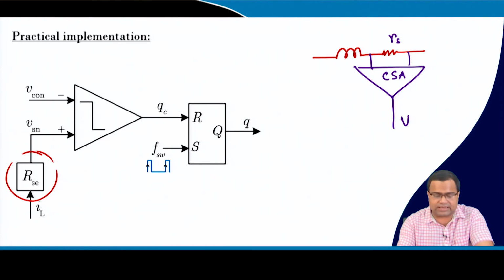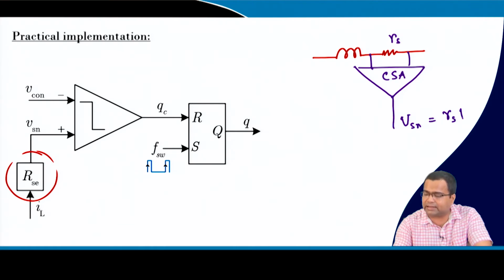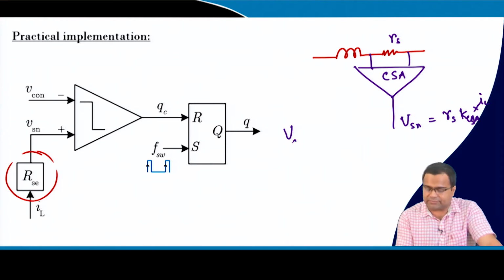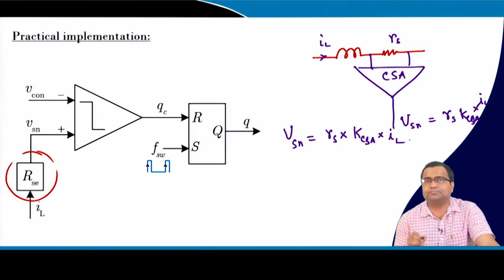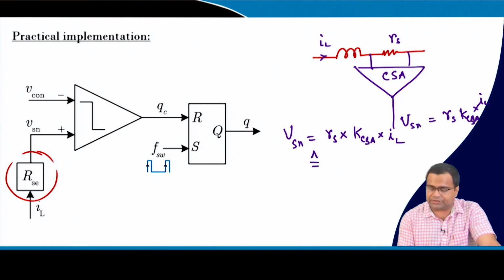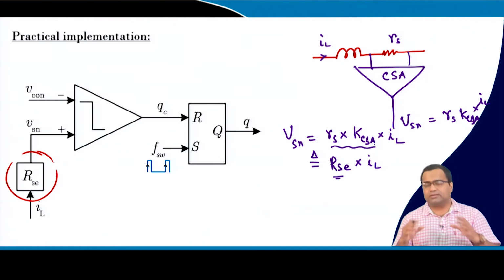So what is your sensing? The VSN, the sense voltage, is nothing but RS, the gain of the current sense amplifier, into your IL, right. Sorry, it is RS because your IL is flowing through it, into the gain of the current sense amplifier into your IL, and this we have represented as equivalent current sense resistance into IL, because dimensionally this quantity looks like a resistance, right.